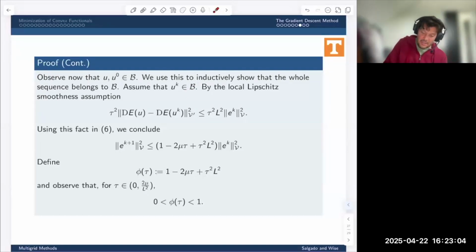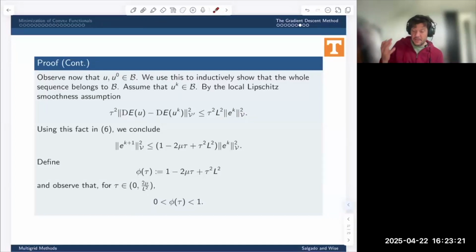Now, we haven't used yet the local Lipschitz smoothness of the derivative. So that allows us to replace this with this calculation here, this being the Lipschitz constant, right?